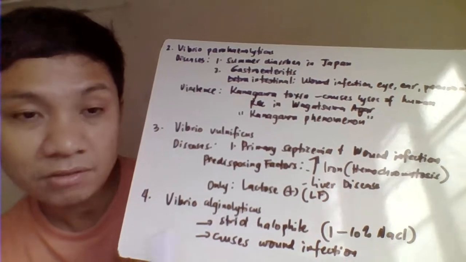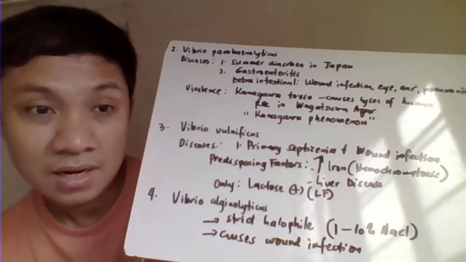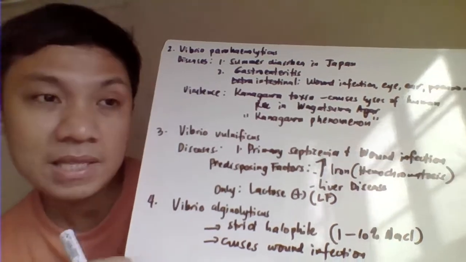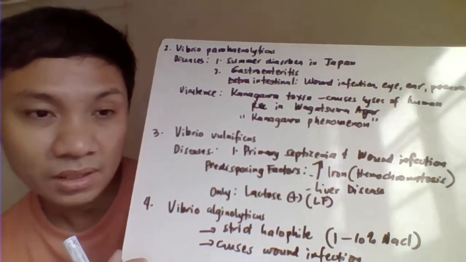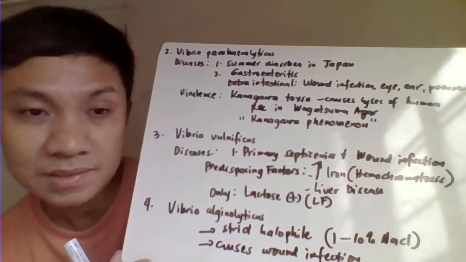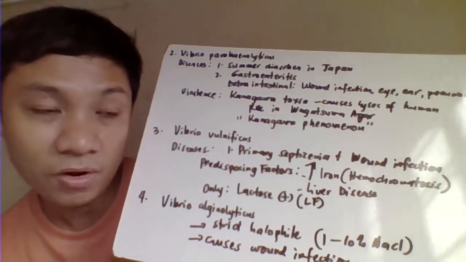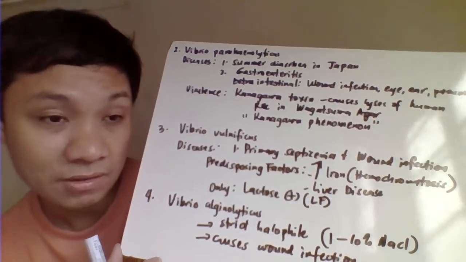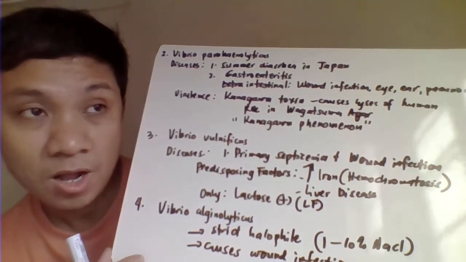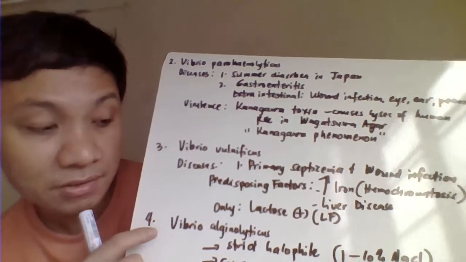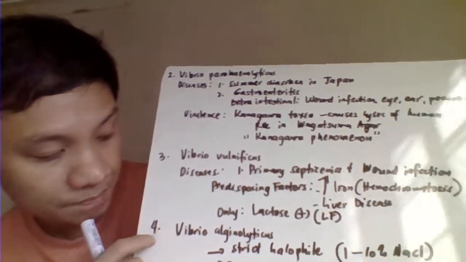And this one is lactose fermenter. So by nature, ang ating Vibrio, they tend to be non-lactose with your MacConkey agar. But this one is lactose fermenter, so it would have your pink na colony. All the other Vibrios natin, they are non-lactose fermenter. They eventually have a colorless na colony characteristic. But this one is lactose fermenter, your vulnificus.